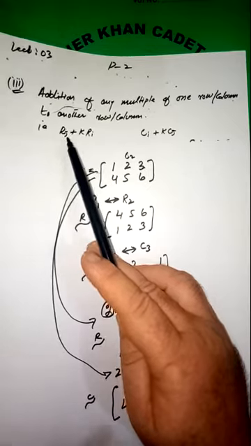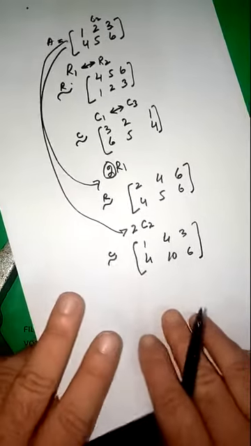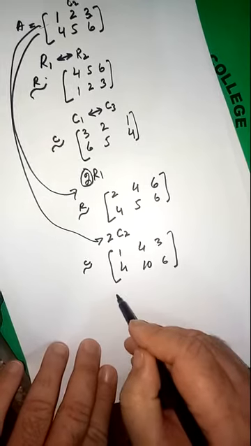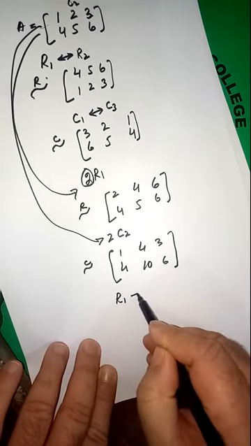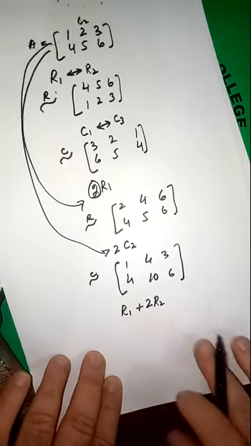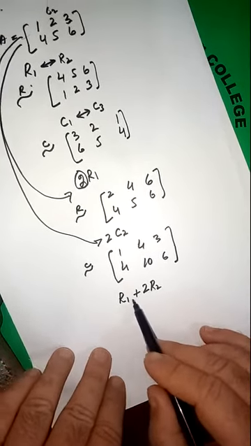For example, if we want to find the operation R1 plus 2R2, that is addition of a multiple of one row added to another row.